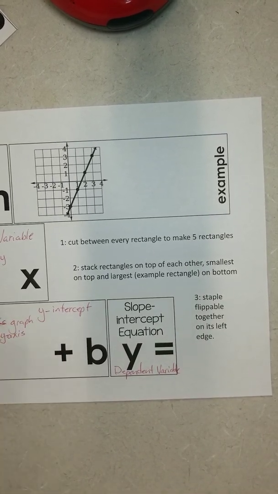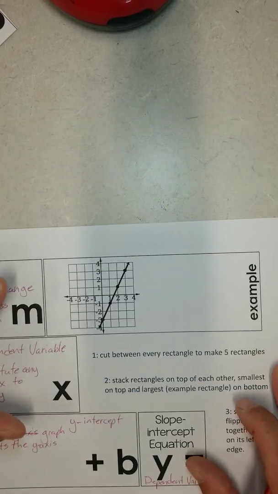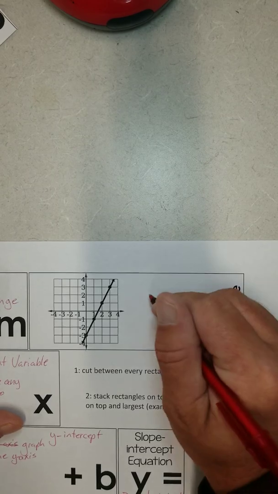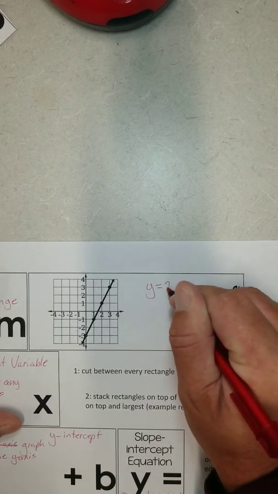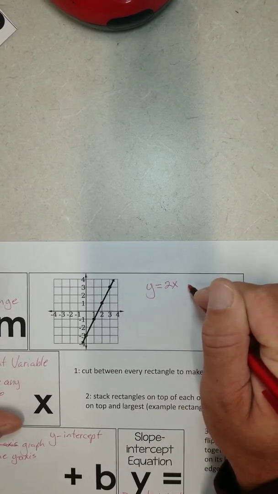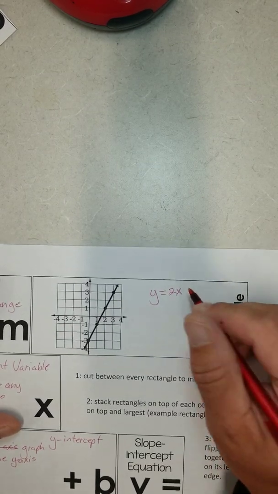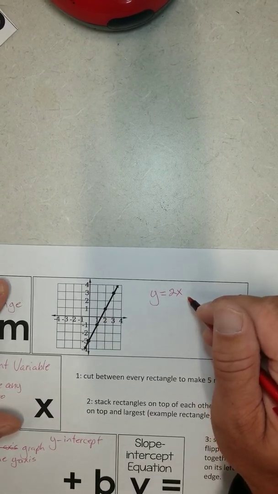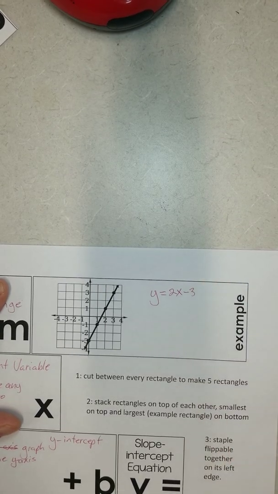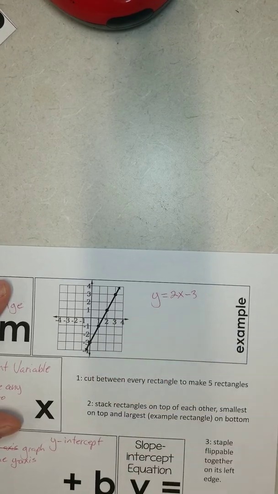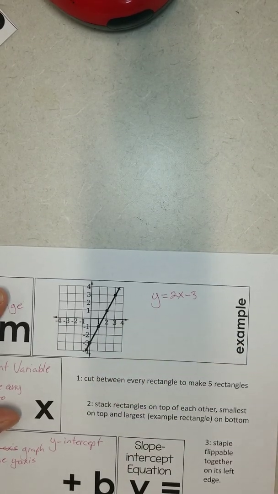All right, so let's put all this together and show you what it is on a graph. So if I have the example y equals 2x minus 3, this is the equation for this line.